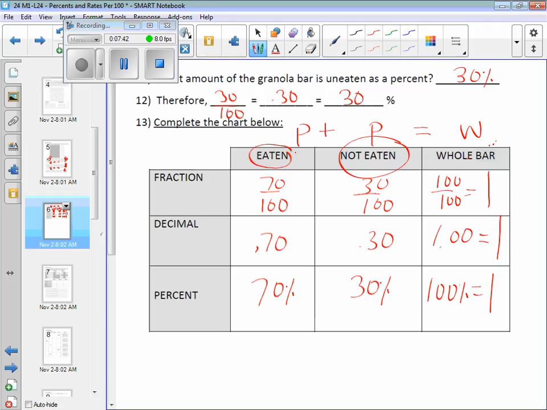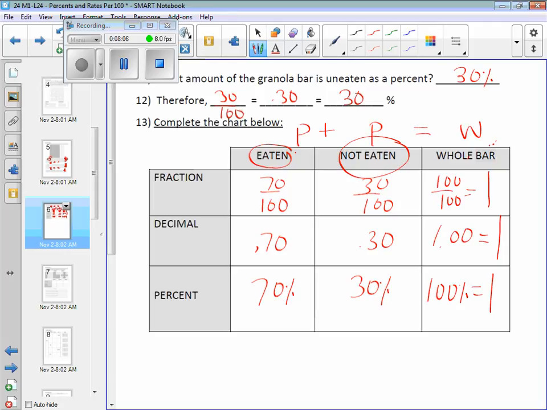Part plus part equals whole. We will constantly come back to visit that throughout the percents lessons, which there's about 6 of them to finish off this module. If you can kind of get it into your head now that the part plus the part equals the whole, things will fall into place as this becomes more advanced.